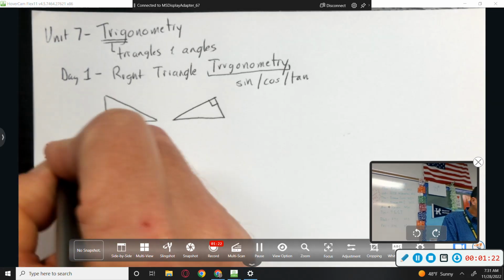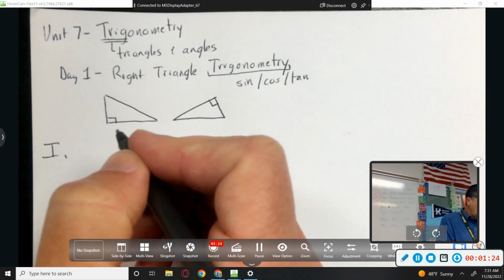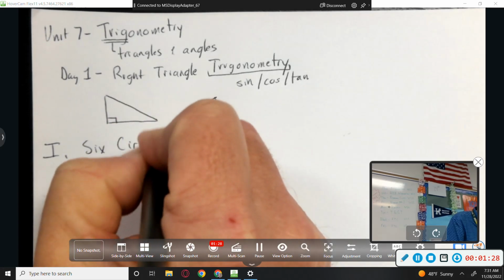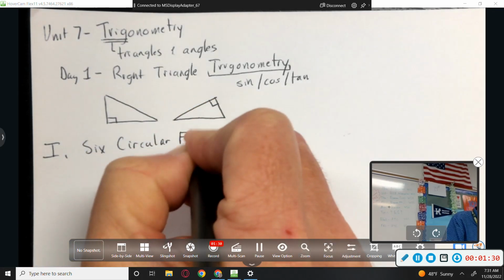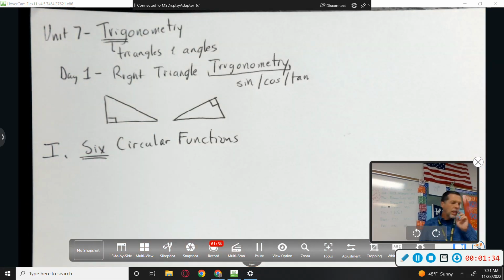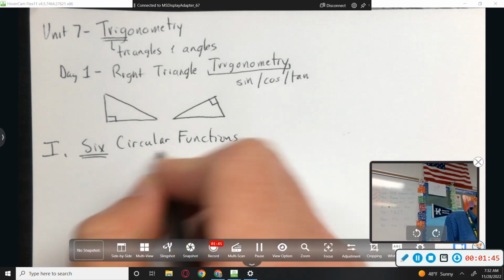All right, 2 Roman numerals today. First one is the 6 circular functions. You're familiar with 3 of them, sine, cosine, and tangent. Circular functions, that's kind of the weird name for it.